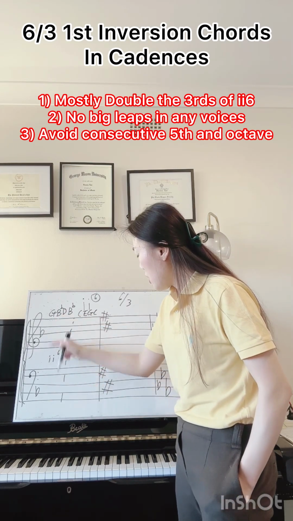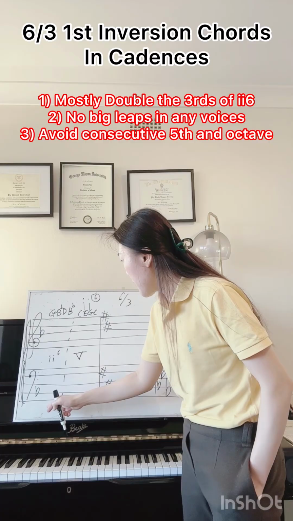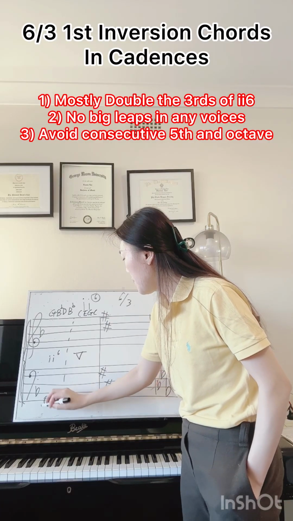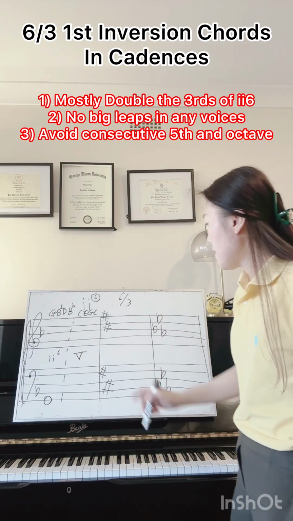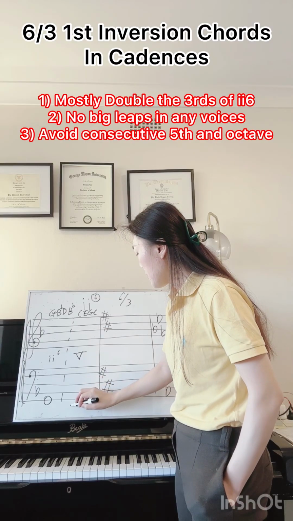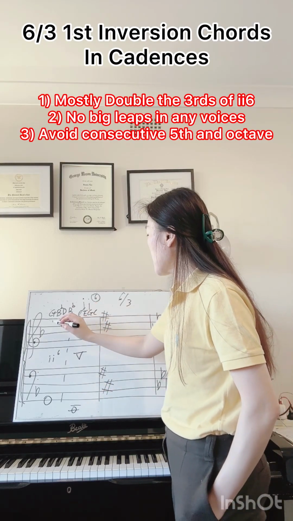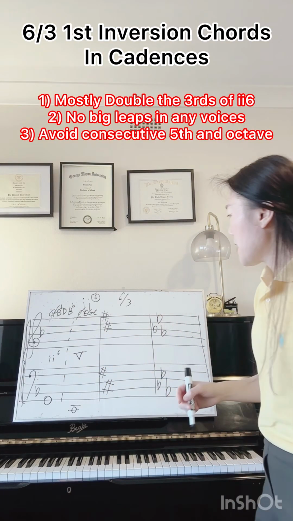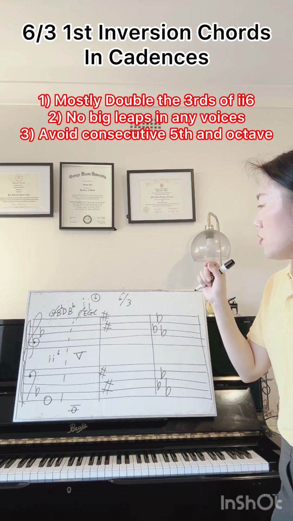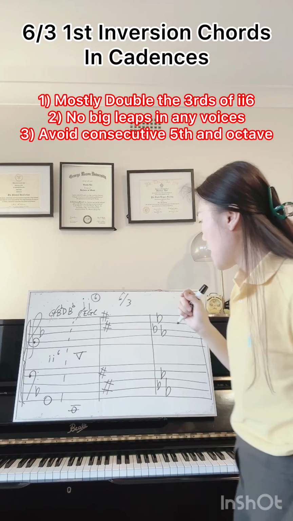The root goes to the bass, so G down here. And then the C goes down here. When you finish it, make sure you tick it off. Then every note moves to its nearest neighbor.